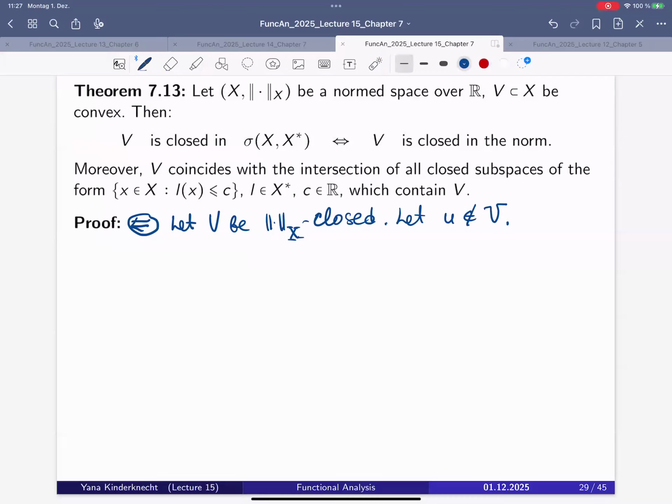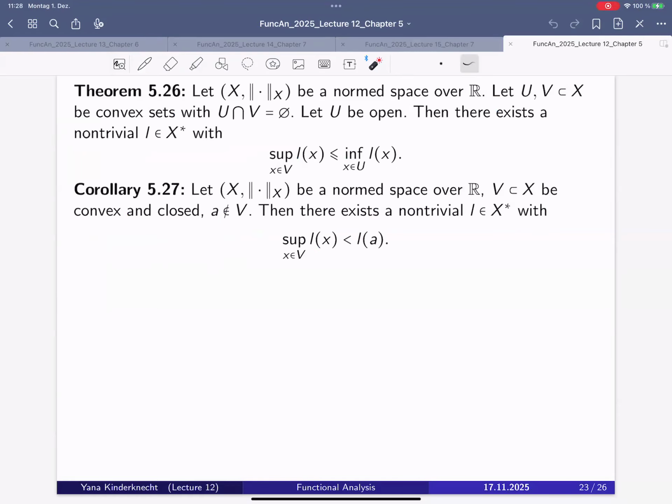Now we use the theorem of Hahn-Banach, of course. By corollary 5.27, lecture 12. And I guess I even have it here. Let me check. Here it is.